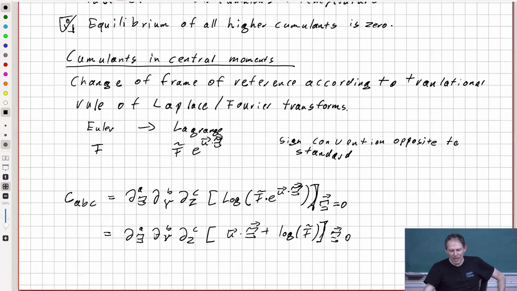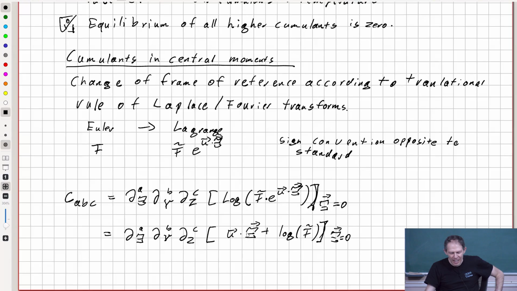So when you evaluate this, after evaluation of the derivatives, we put xi equal to 0. So say for the zero order moment, we put c equal to 0, then this is gone.